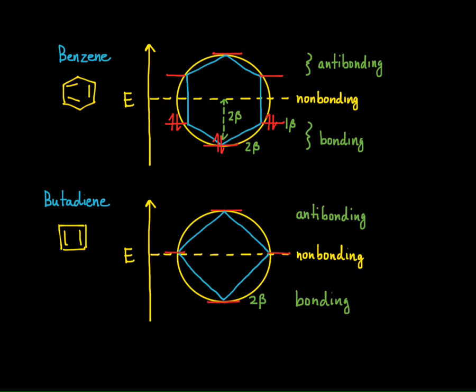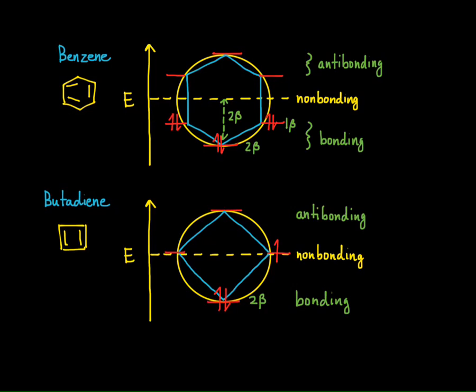All right, so how many electrons do I have with butadiene? Well, remember, I have 4 pi electrons. The first 2 are going to go at the lowest energy, and then, based on Hund's rule, we have 2 electrons going into degenerate orbitals. They're both non-bonding.